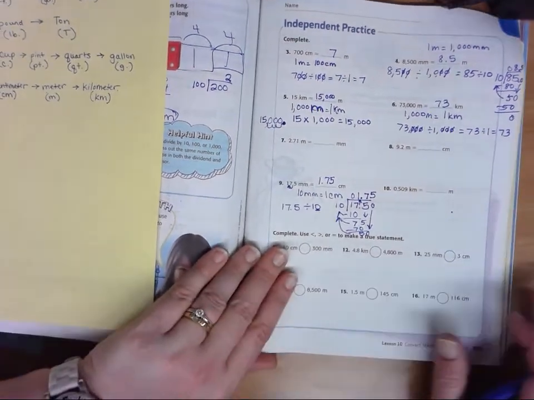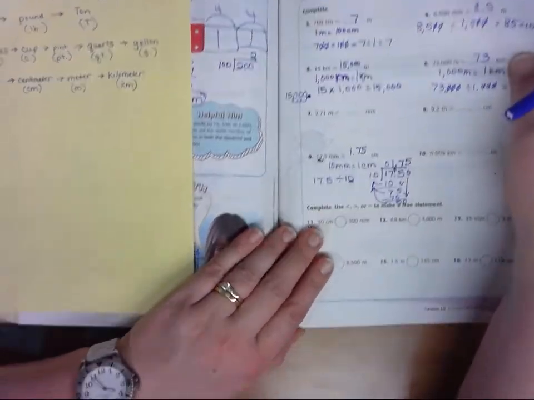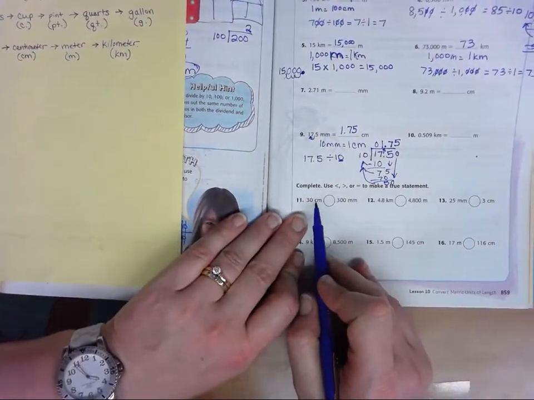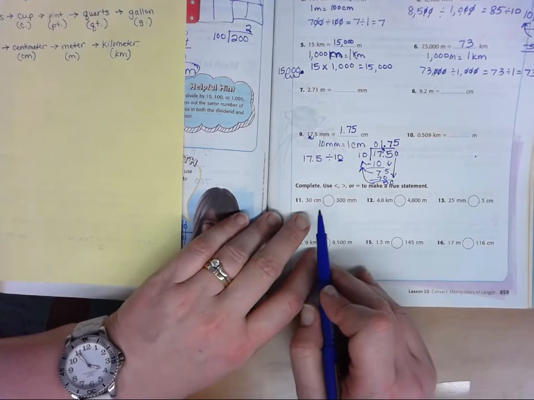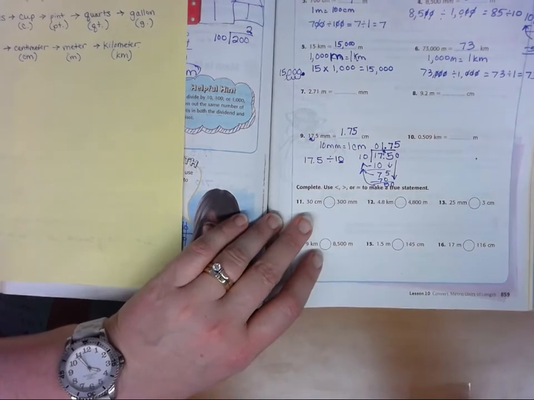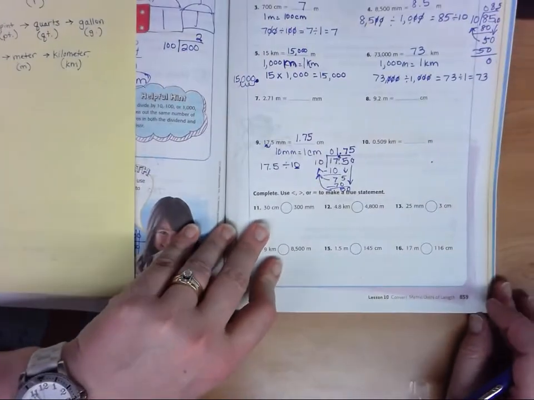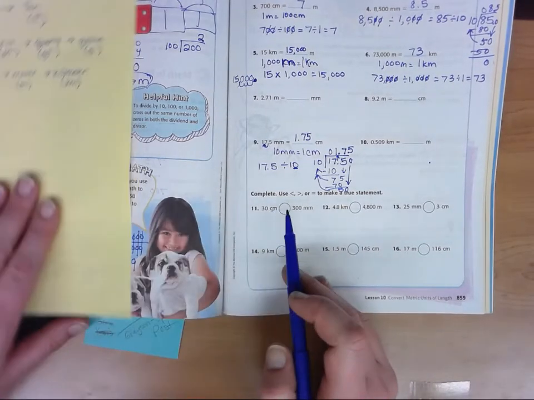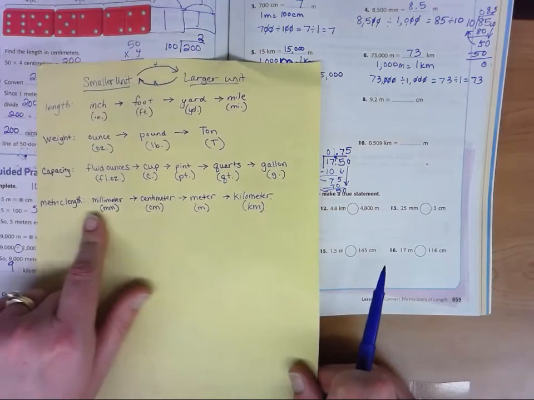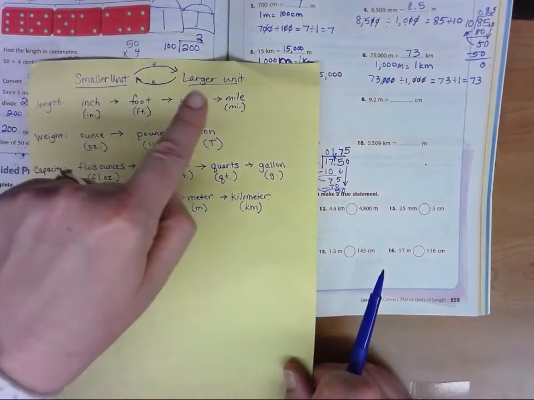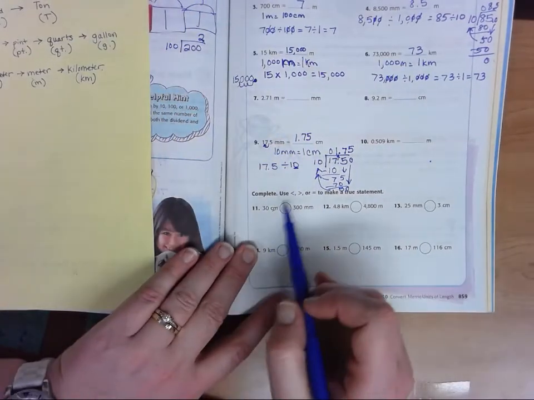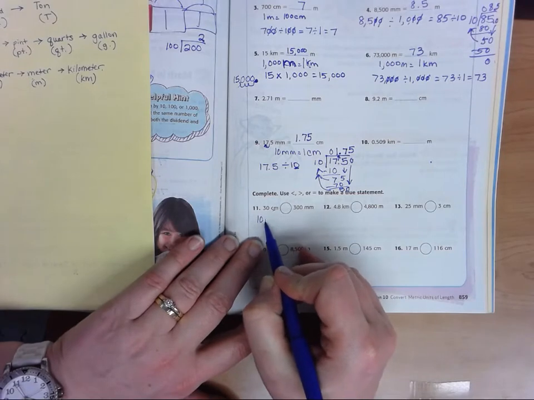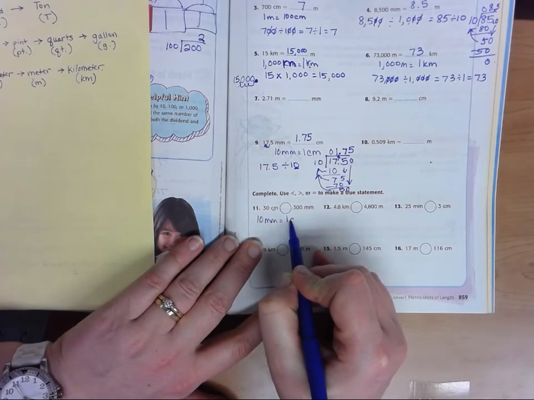Okay, let's look down at the bottom of the page at some of our comparisons. We have centimeters compared to millimeters. What's bigger, 30 centimeters or 300 millimeters? Well, centimeters to millimeters, I could multiply. 10 millimeters equals 1 centimeter.